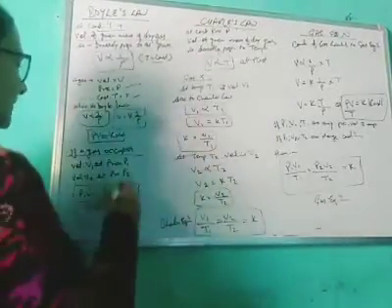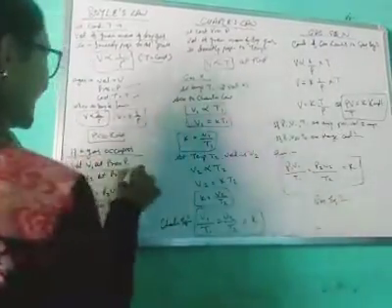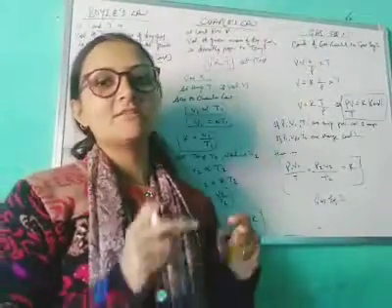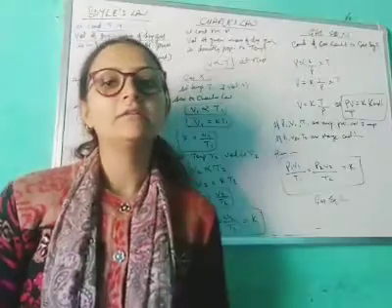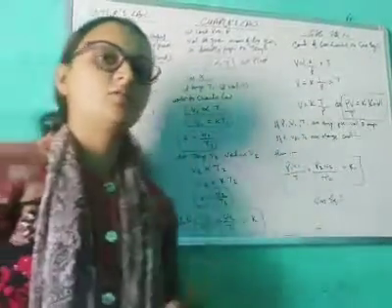Okay, there is another condition: a gas occupies volume V1 at pressure P1. At that condition the volume is V1, and then we apply some pressure, so the pressure is P2 and the volume changes to V2.